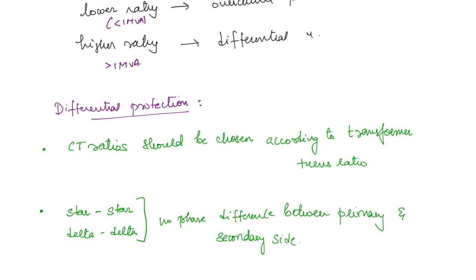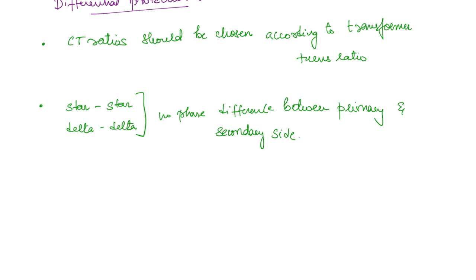So in such a case, the CTs on either end can be connected either in star or delta, but it should be same on both sides. That means if on one side you are connecting star, the other side also star. If one side it is delta, then the other side also you have to connect delta.